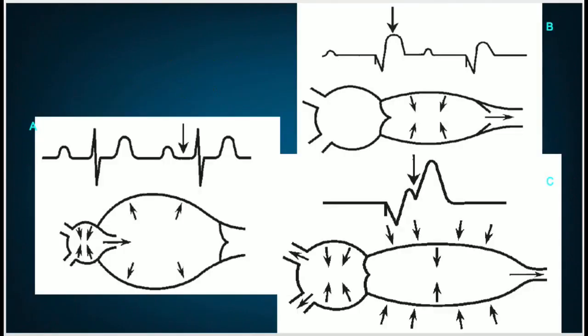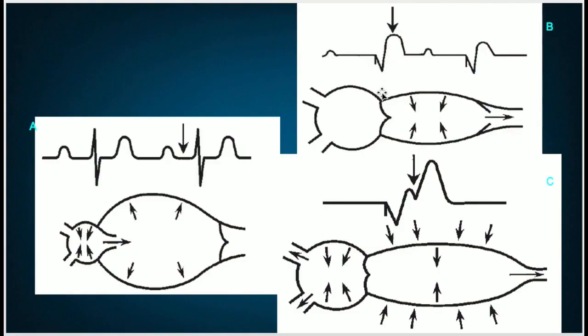You can see in this diagram, diagram A shows the optimal cardiac filling with atrioventricular synchrony. Image B shows the ventricle is not optimally filled and there is a contraction against a closed AV valve, which is due to the ventricular pacing.